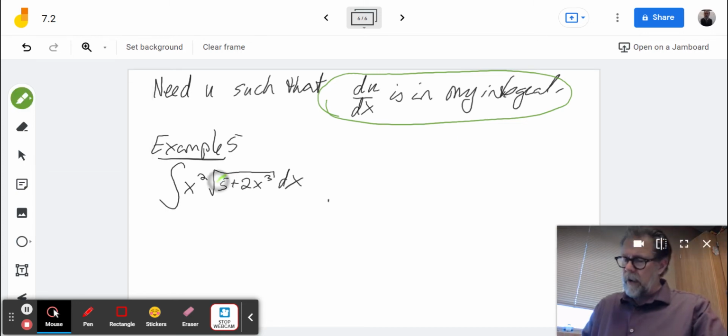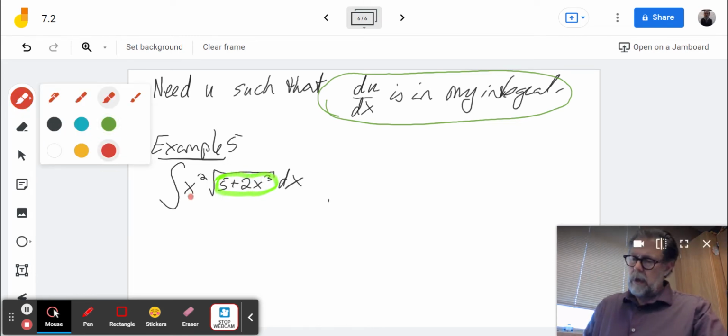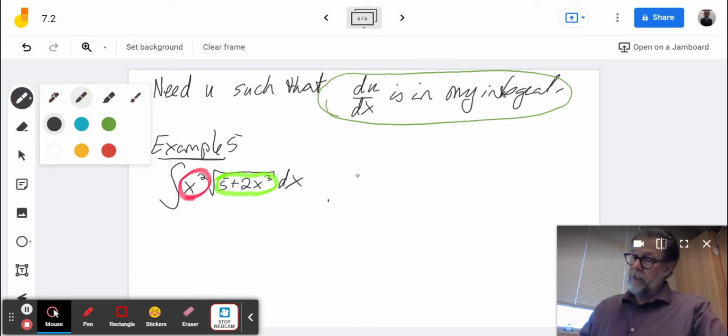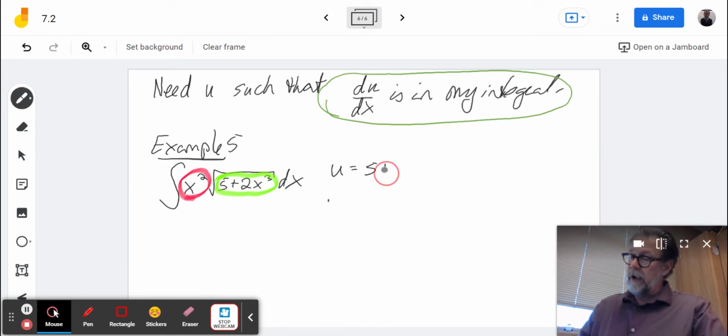Well, if I were to choose that as my value of u, the derivative of 5 plus 2x cubed is some multiple of x squared. u is equal to 5 plus 2x cubed. Life just got easier.